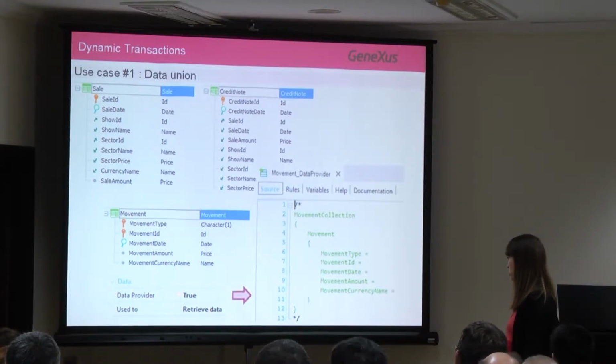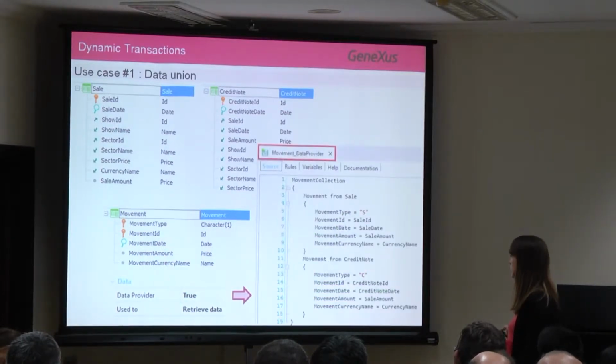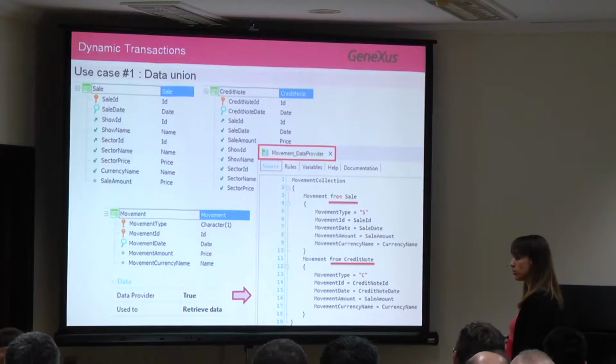Now, GeneXus creates this data provider simply because I turned on this data provider here, and the source is initialized with the structure of the transaction. And I would complete it in this way. This is my intention. My intention is to go all along the sales. I complete it here from sales and load them as movements.